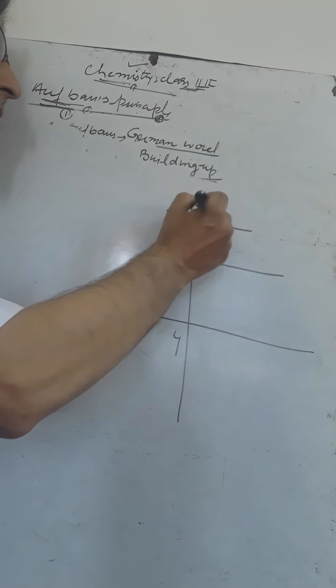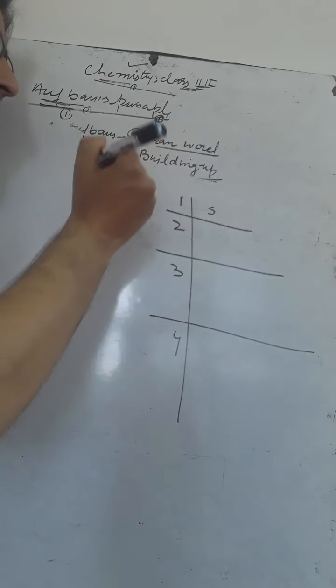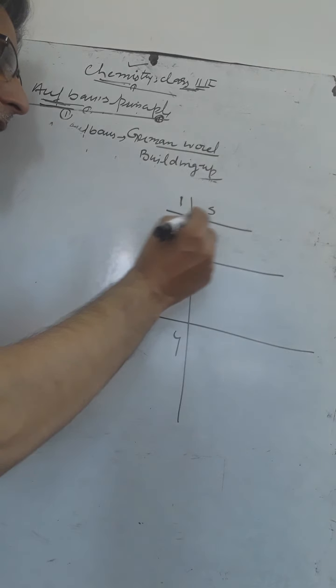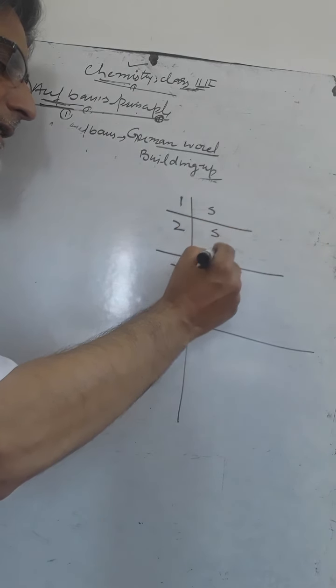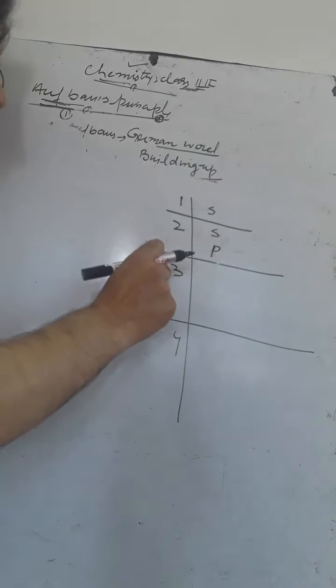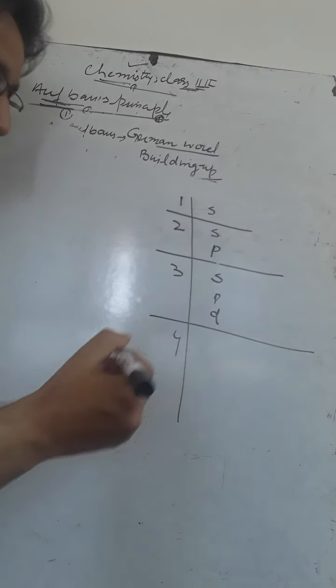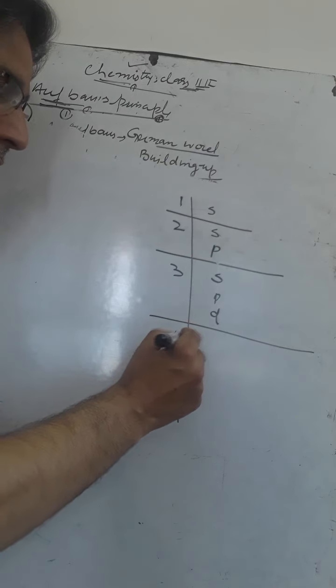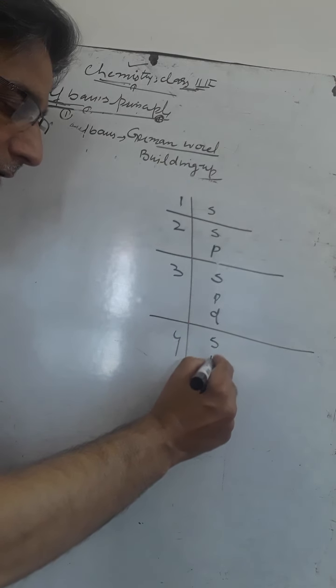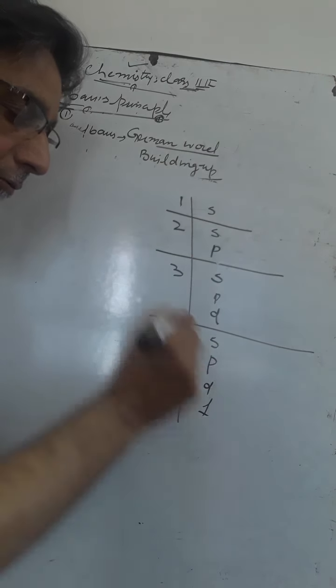In the first shell we have only one subshell, that is the s subshell. In the second shell we have two subshells, s and p. In the third shell we have three subshells, s, p, and d. Similarly, in the fourth shell we have four subshells, s, p, d, and f.